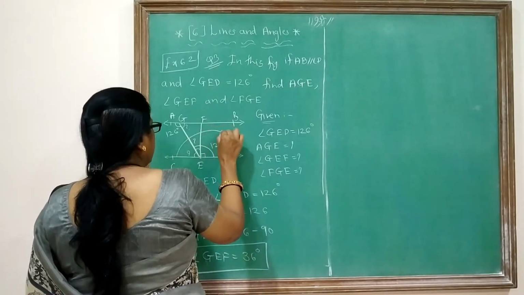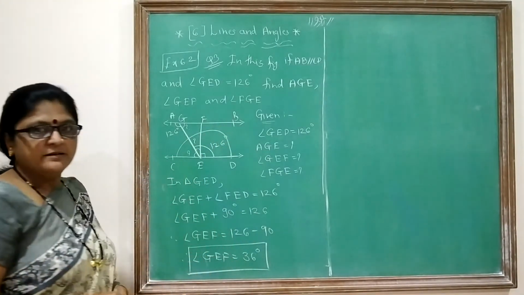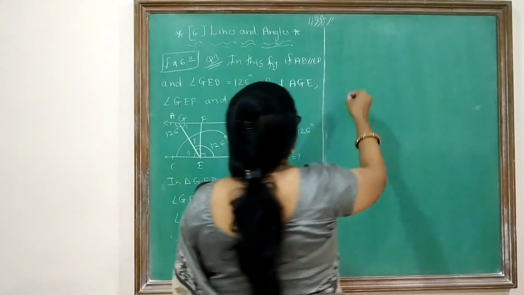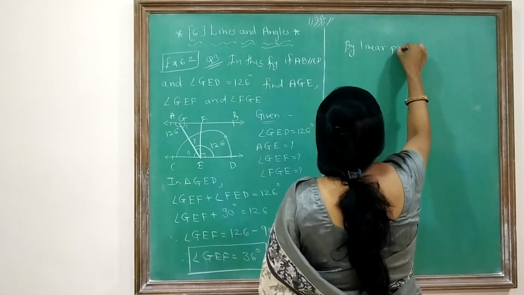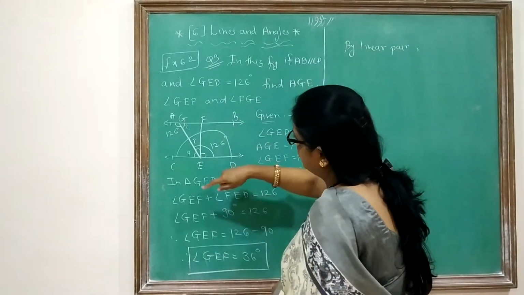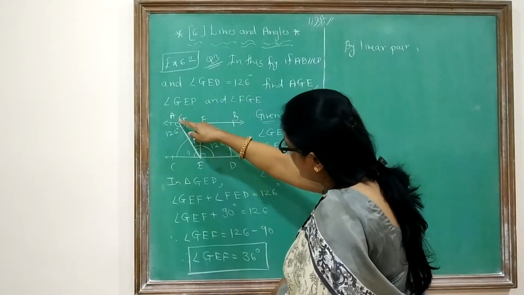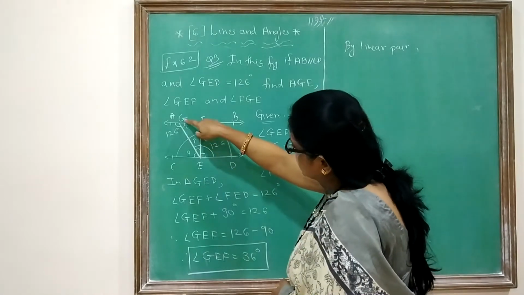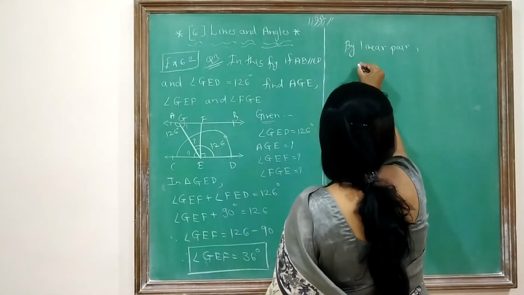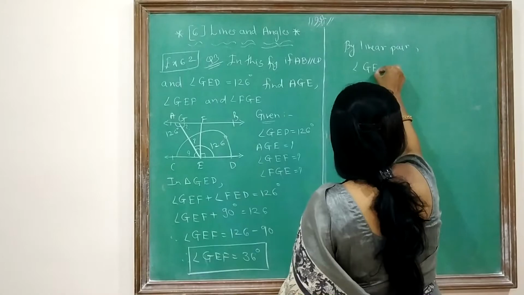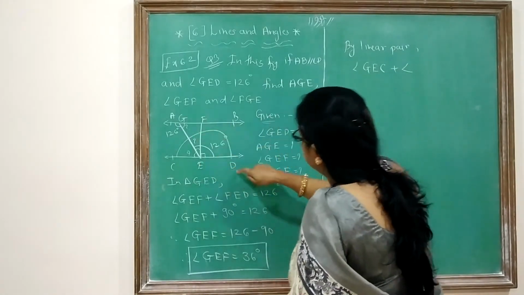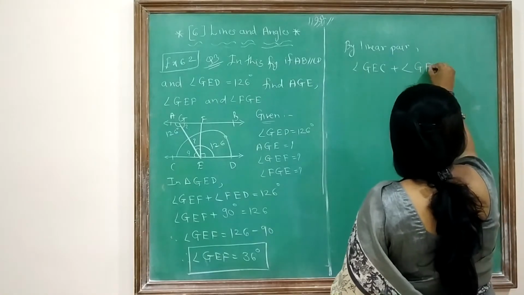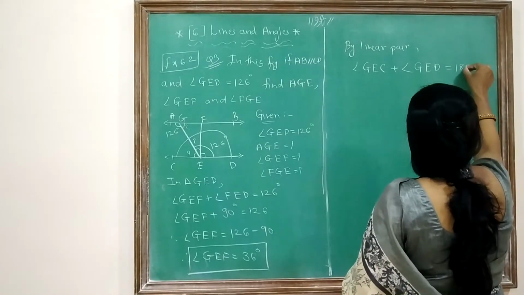Then see here bilinear pair. Bilinear pair means you will write here whole GED is given, then you will write here angle GEC plus angle GED equal to what? 180 degree.